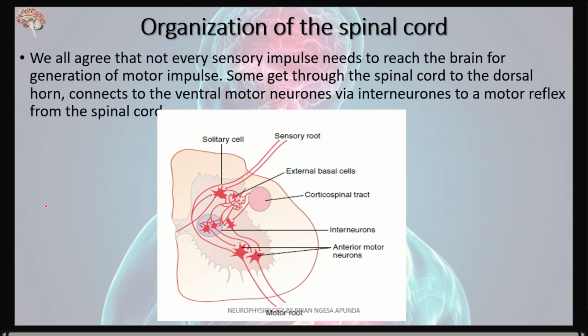These tracts connect with the interneurons, and the interneurons connect with the motor neurons of the lower part, so that by the end of the day, when these motor neurons interact with the muscles, they get all the information from the different tracts within the spinal cord.